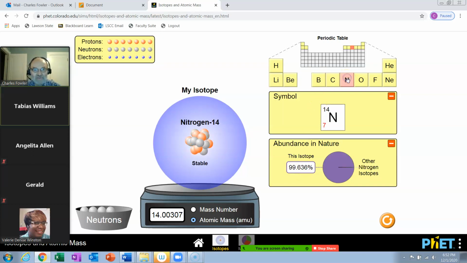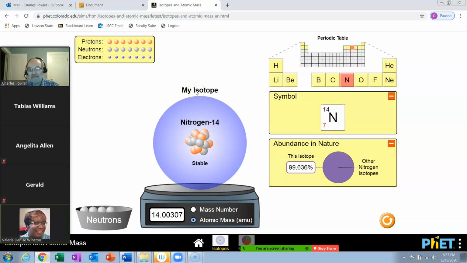Let's go to nitrogen. What's the first nitrogen that's listed? N14. Okay. How many protons? 7. How many neutrons? 7. Yes. How many electrons? 7. Yeah. You can tell the protons right here. That red 7 corresponds to these red balls.